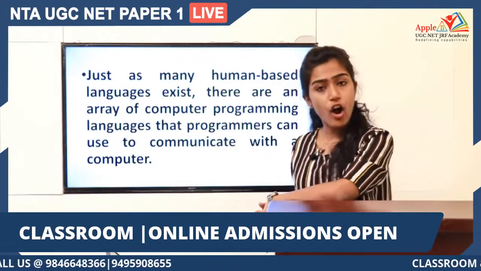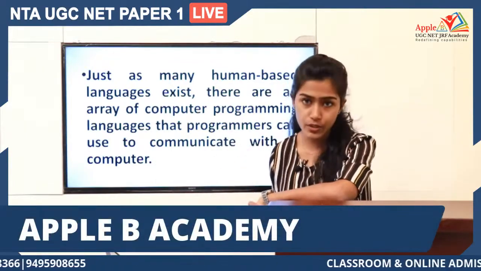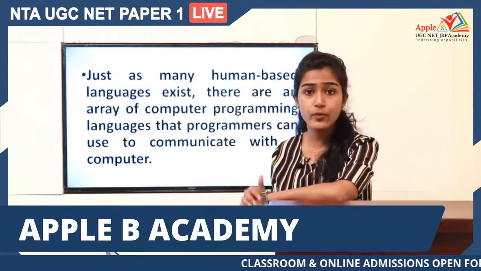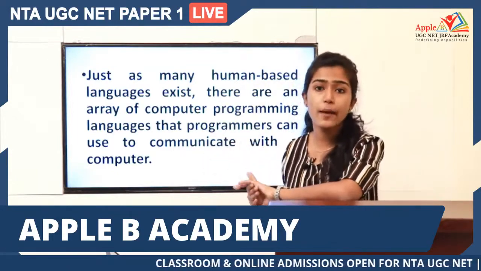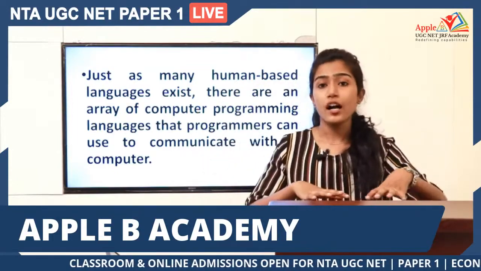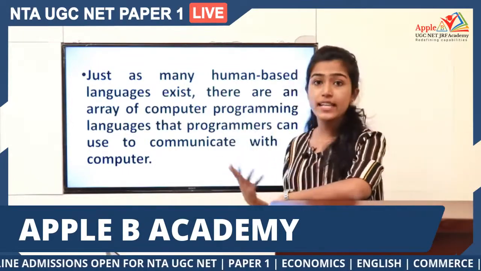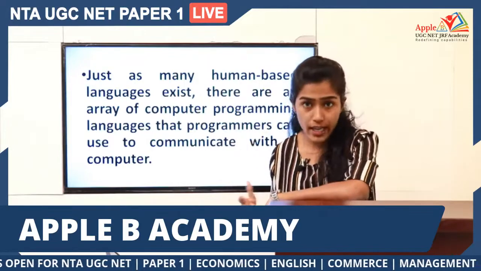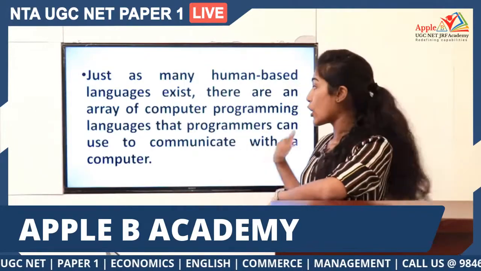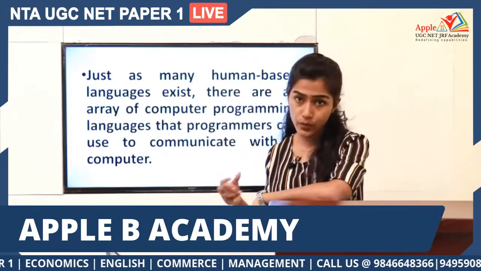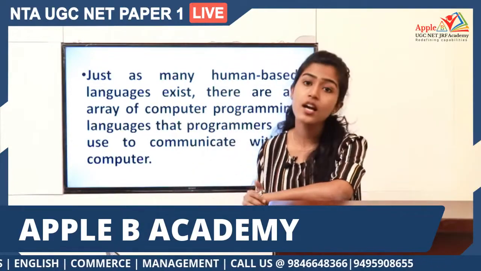So, as we have already said, like the human languages, the computer programming languages can also be considered a group of different types of languages. And why do these languages exist? The programmers use these languages in order to communicate with the computer, in order to give instructions to a computer.